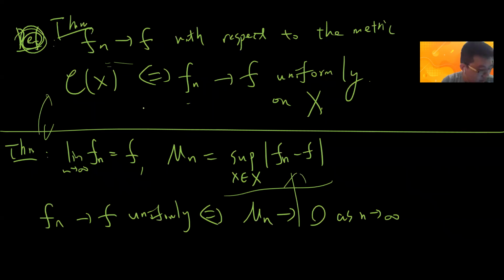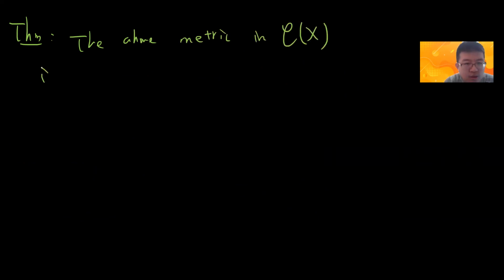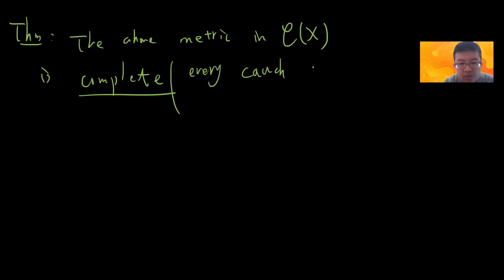Yeah, so let's talk about our final theorem. The above metric in L of X is complete. Remember, what complete means in real analysis is that every Cauchy sequence converges in it.